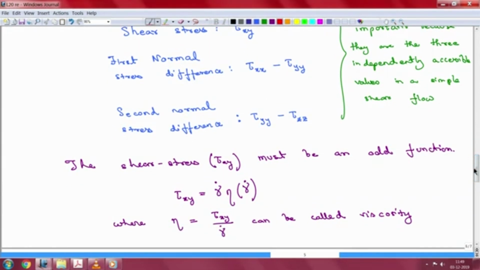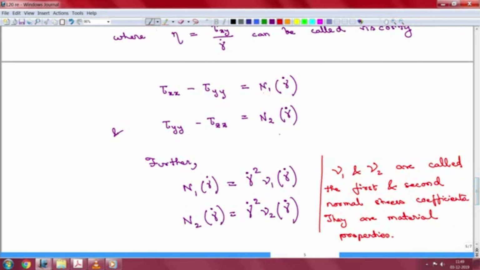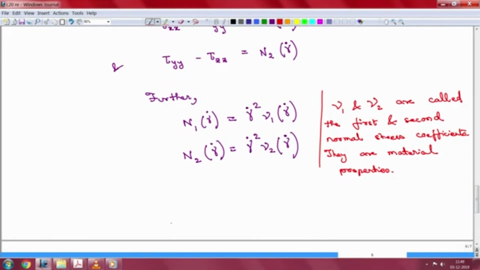Once you have done that, we have said that these are going to be some values N1 and N2, and then we further said that these are even functions. This functional form we did not derive, so let us just assume that this is correct at the moment. You can look it up later in a more advanced course. It is going to be gamma dot squared multiplied by mu 1 and mu 2.